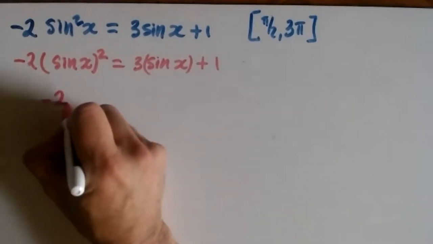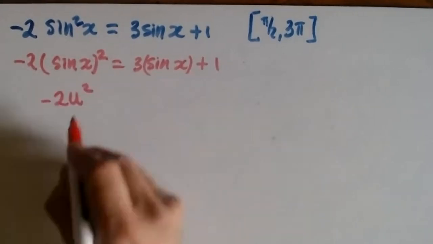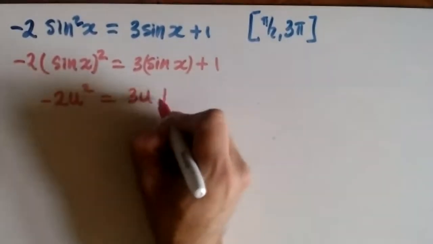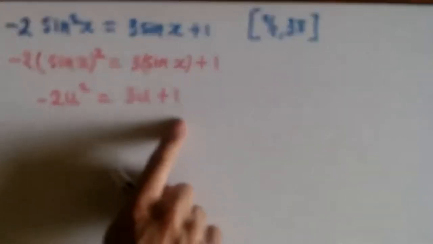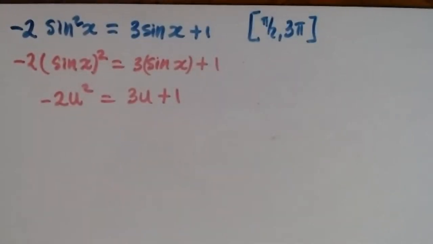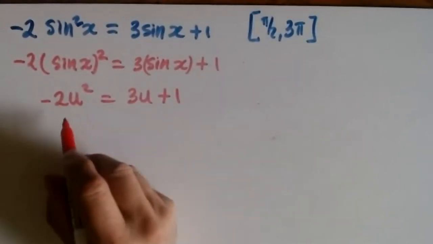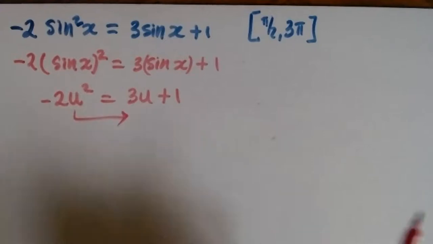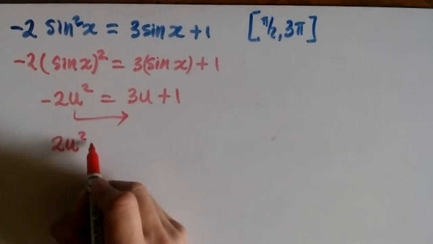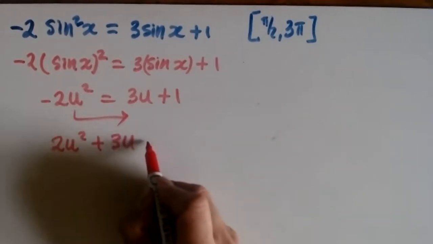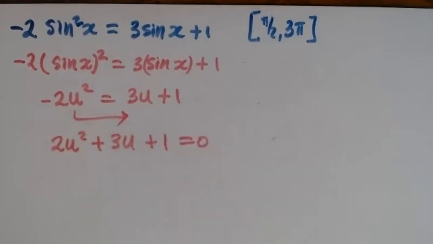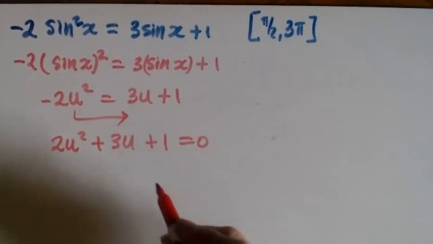I'm going to put negative 2u squared equals 3u plus 1. Now, I'm going to combine everything on the same side. So I'm going to move this to this side, so this is going to be 2u squared plus 3u plus 1 equals 0. What is this? Another quadratic.